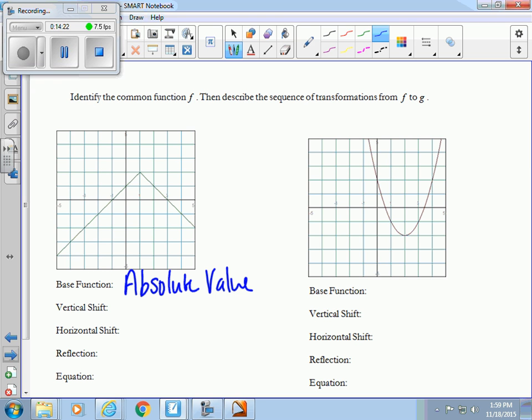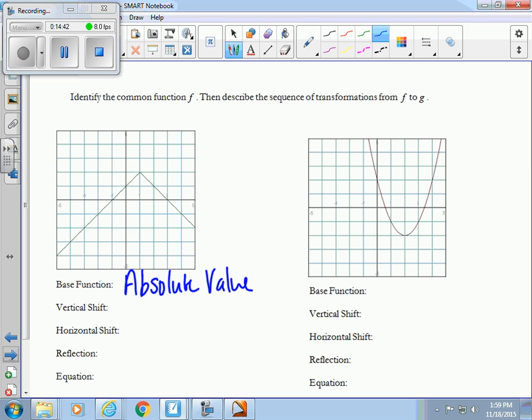The first thing I would look at is the width of the absolute value function. Normally it has a slope of 1. Has that changed at all? No, it's still got a slope of 1, so my vertical stretch, shrink, none, right?